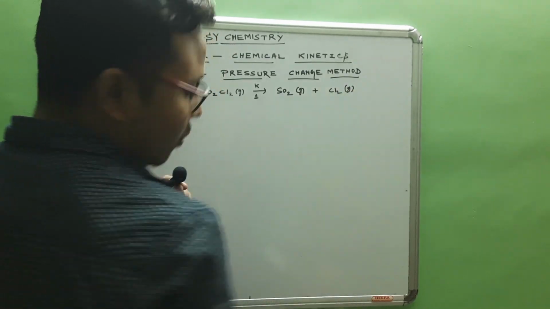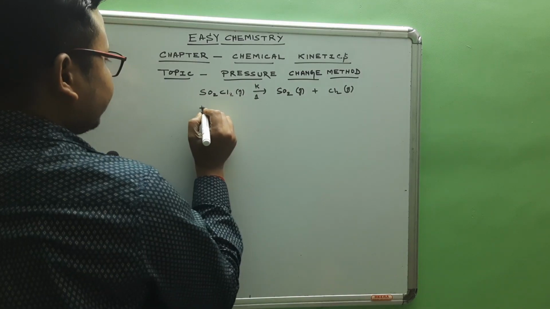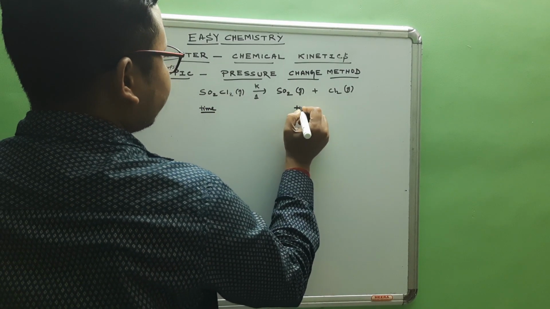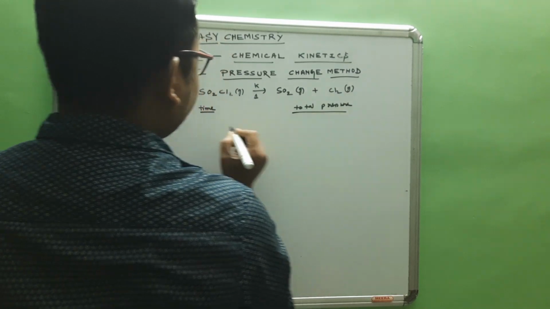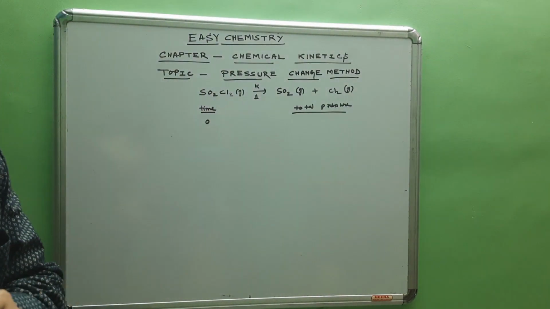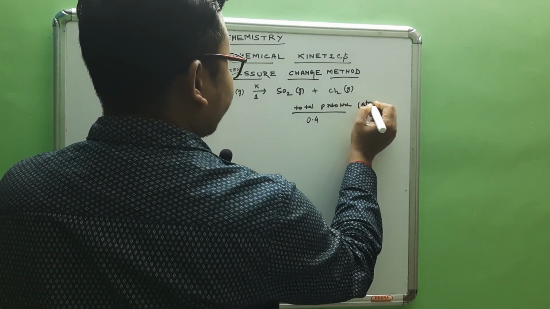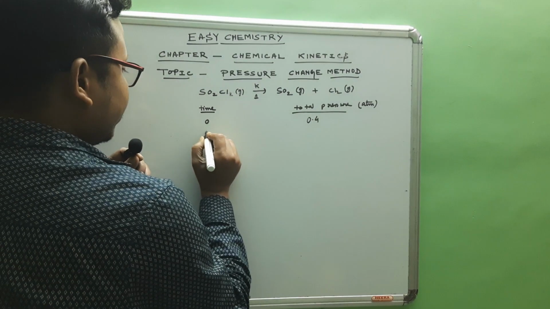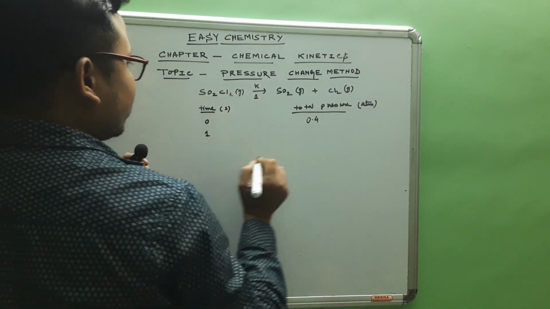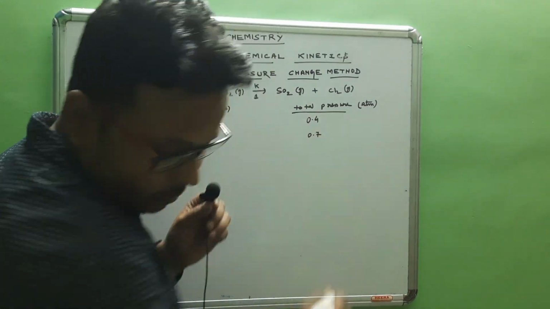All these are in the gaseous form, and the total pressure of the experiment is given at time. The value given when the time is 0, the total pressure is 0.4 atmosphere, and at the time when t is 1 second, it gives the value 0.7 atmosphere.